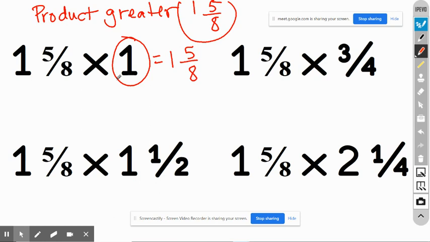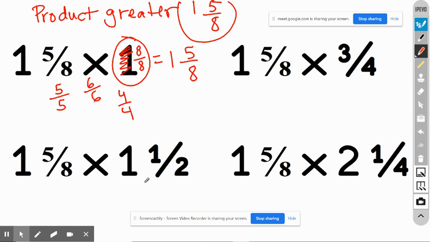It's the same thing. Now, be careful. Sometimes they're going to trick you. They may not write 1, but they may write it as 8/8, or 6/6, or 5/5, or 4/4.